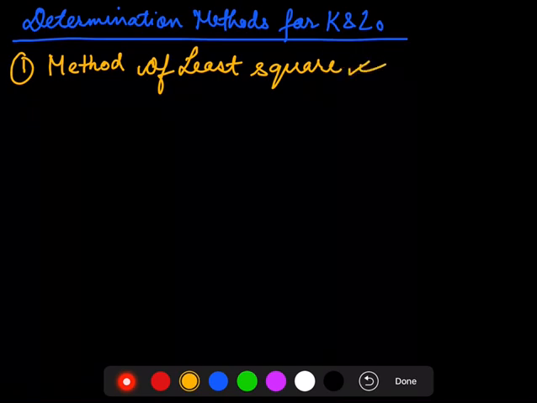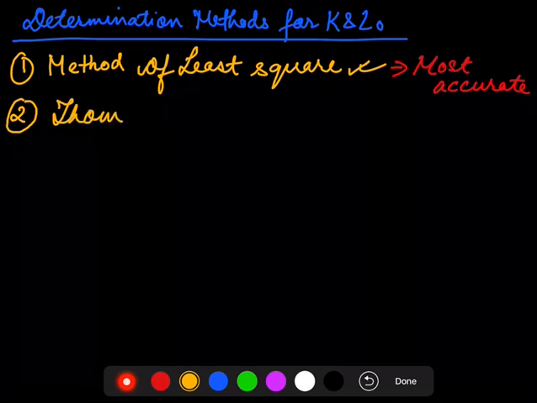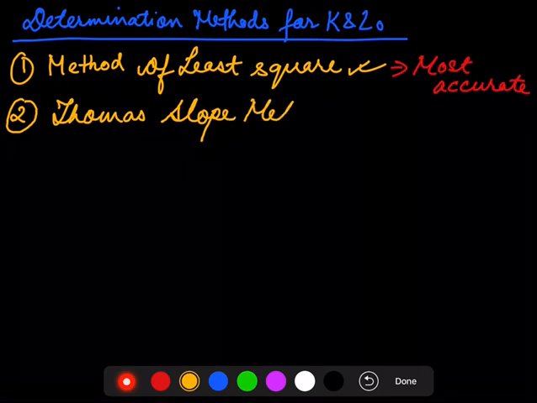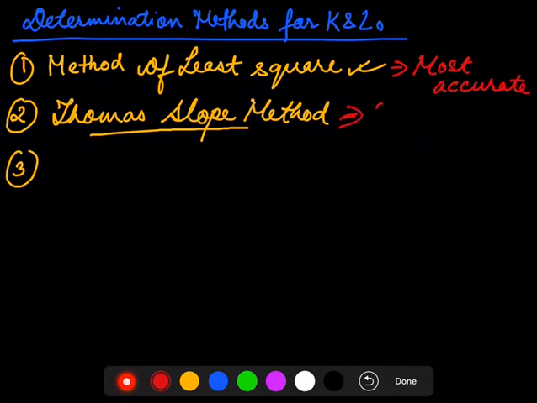This is the most accurate method, it gives the most accurate results. Then second is Thomas Slope method. This is your graphical method. This is the second most accurate.